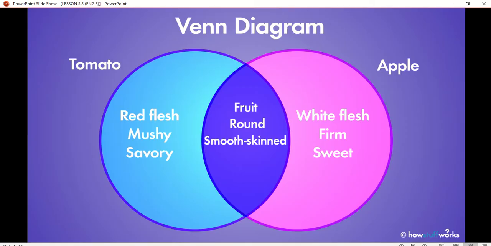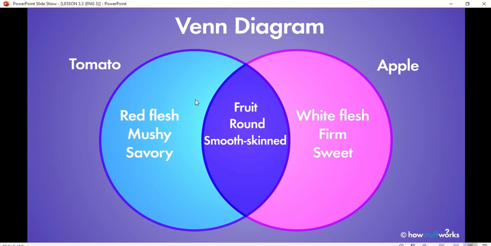When we say comparison and contrast, the graphic organizer for that is a Venn diagram. A Venn diagram is two overlapping circles. You write on the different sides the categories for what you are describing. For example, a tomato has red flesh, is mushy, and savory, while the apple has white flesh, is firm, and sweet.